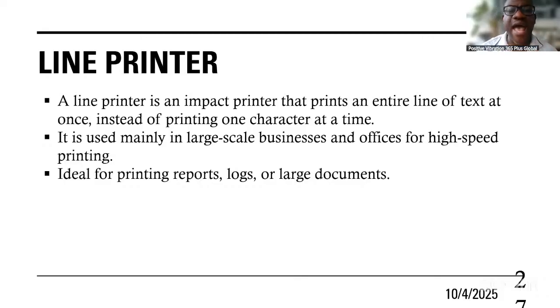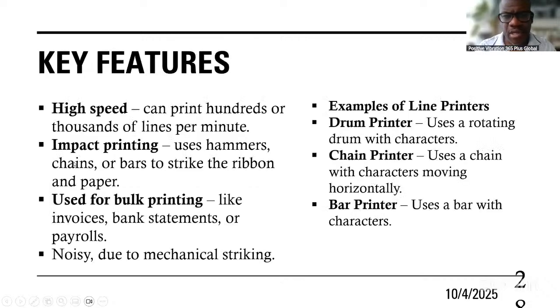So it's ideal for printing reports, logs, and large documents, again because it is an impact printer suited for these things. I like to put in bold some very important points for when you think about what you need to study. It's high speed. It can print hundreds and thousands of lines per minute.